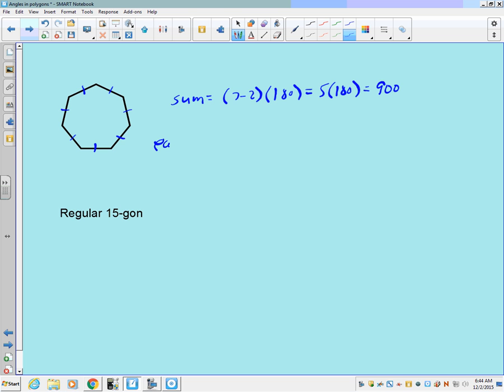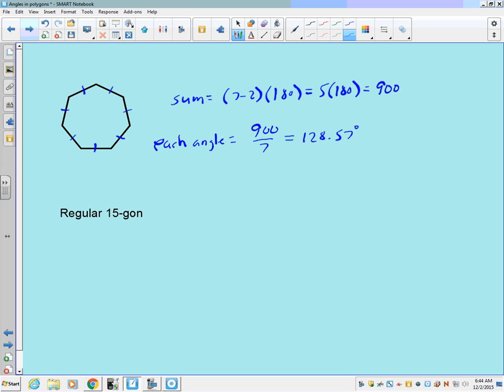And each angle, there are 900 total degrees. There are 7 angles. So here, if we take a calculator and do 900 divided by 7, we find out that each angle is 128.57 degrees. It doesn't divide evenly, so I go 2 decimal places on it.